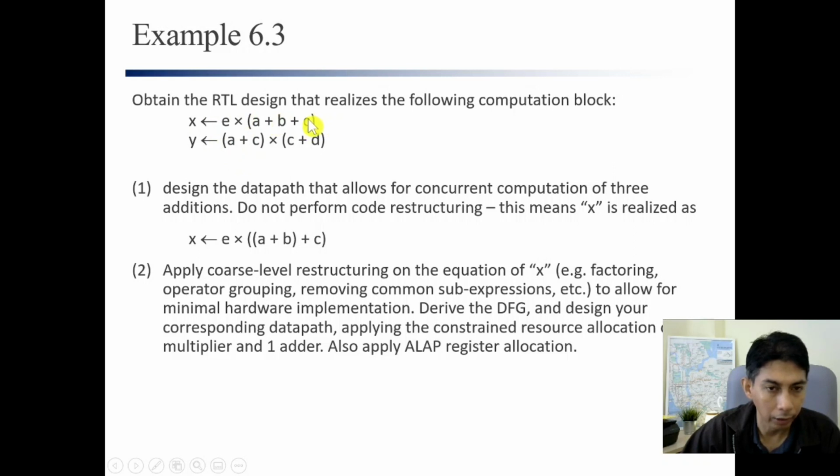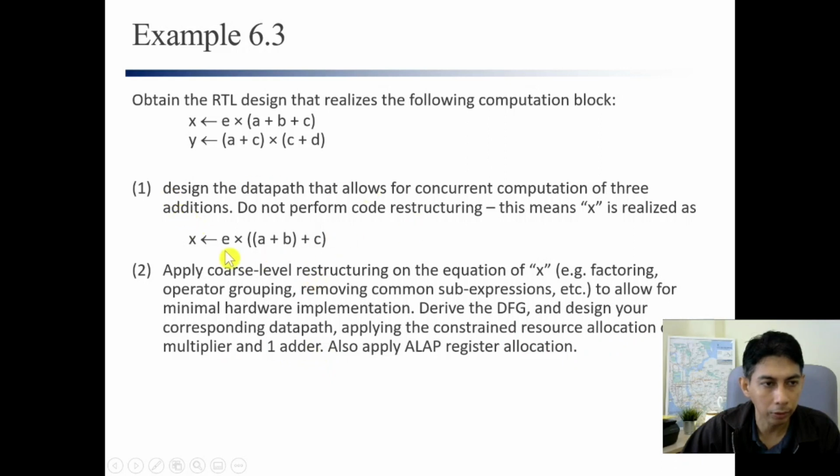When we observe this, we can actually do something on x to reduce the hardware complexity, to allow for minimal hardware implementation. Derive the DFG and design your corresponding data path applying the constraint resource allocation of one multiplier and one adder.